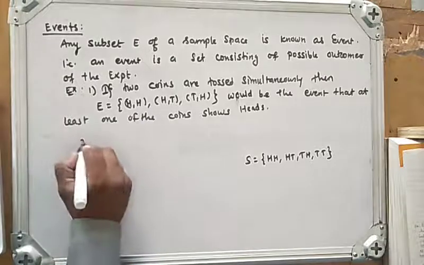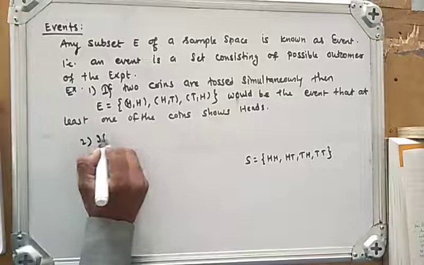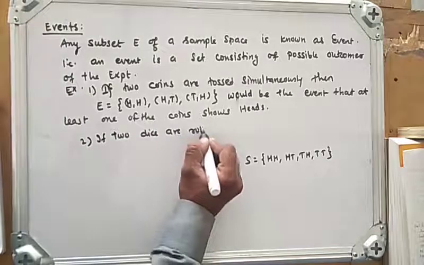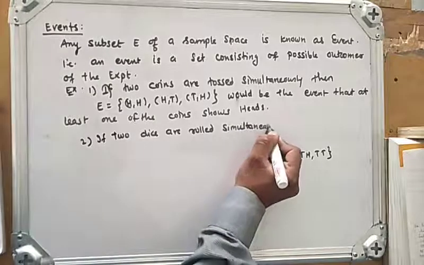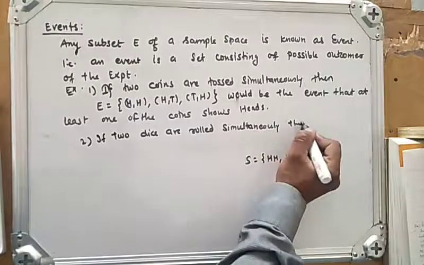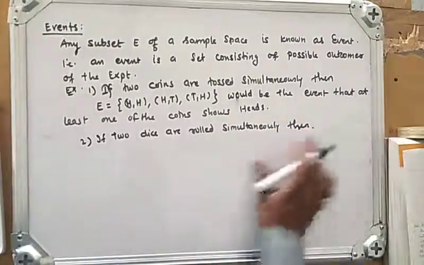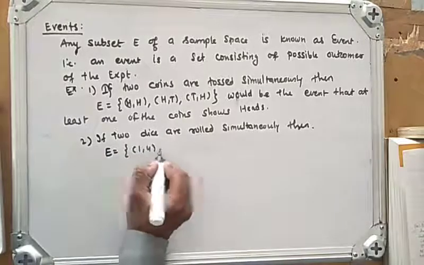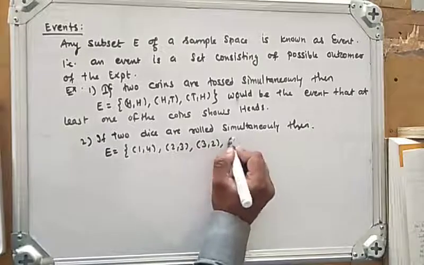For the second example, if two dice are rolled simultaneously, I have given the event E as 1 4, 2 3, 3 2, 4 1.